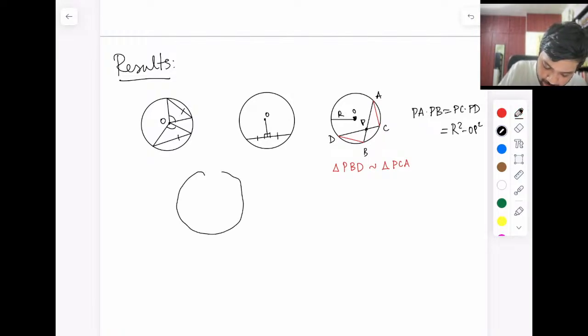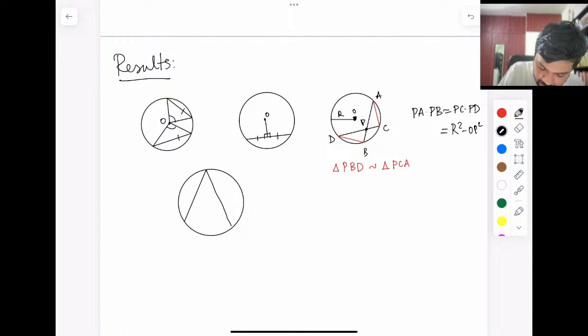One of the basic facts about circles which I needed here is that angles subtended by the same segment are equal.